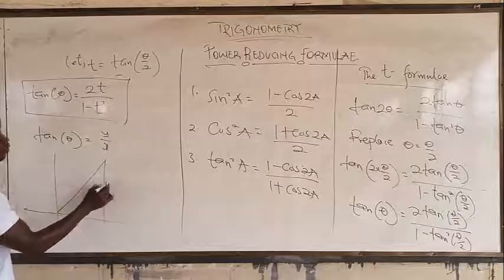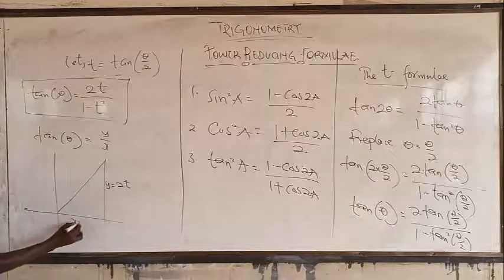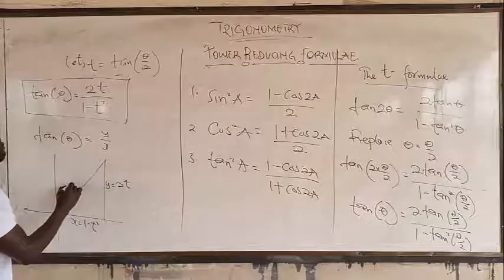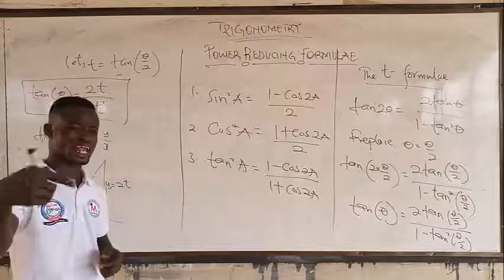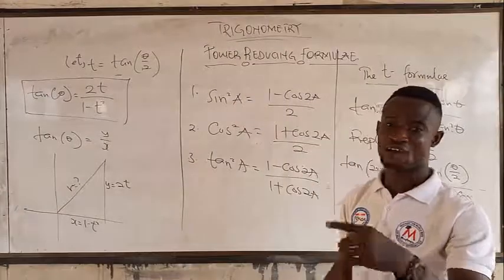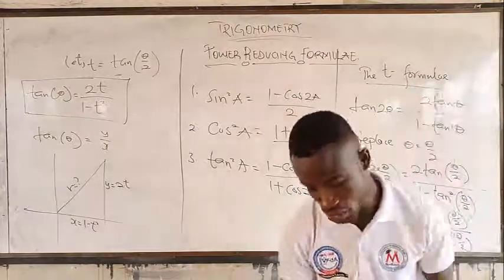So here y is equal to 2t, then x will be equal to 1 minus t squared. Then r will be unknown, so let's go and look for r, because sin theta is y over r, and cos theta is x over r.